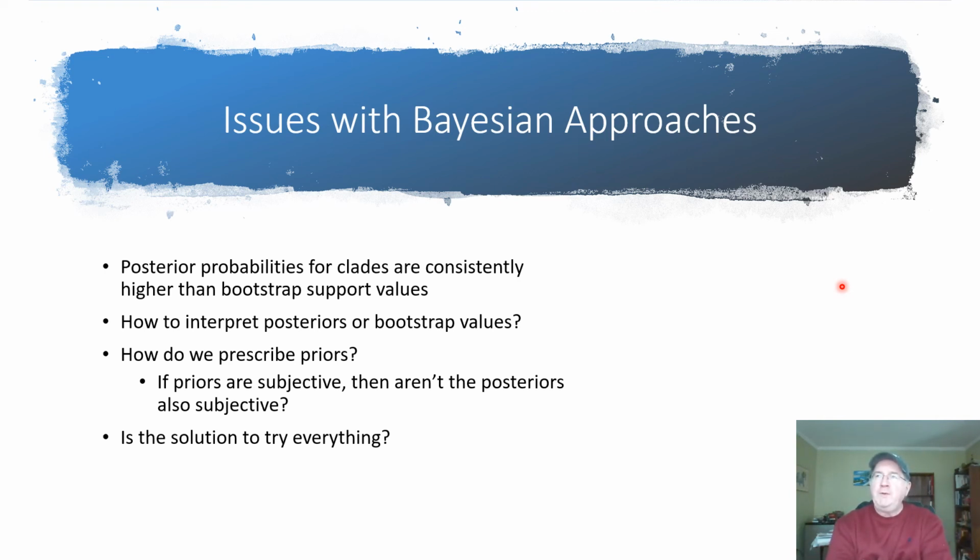Some people have interpreted this as the bootstrap values being more conservative, so you can place greater confidence in them. Other people fear that it leads to misplaced confidence in Bayesian analyses. When you see that 100% there, you say, oh, this hypothesis is true. I have found the truth. So that's viewed with some concern.